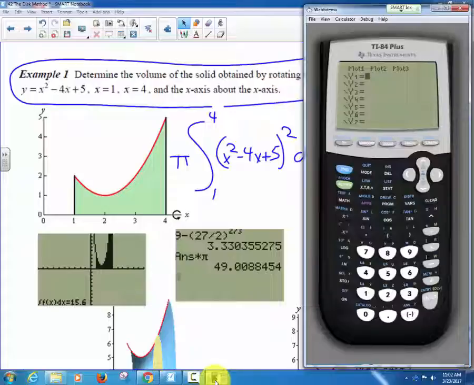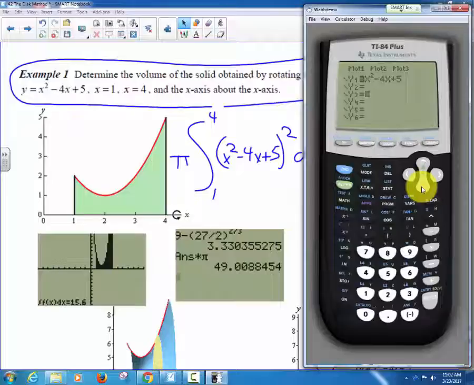I'm going to put my function in y1. So I'm going to put in x squared minus 4x plus 5 as y1. I'm going to leave y2 blank. That's going to be for some other fun later on, okay?